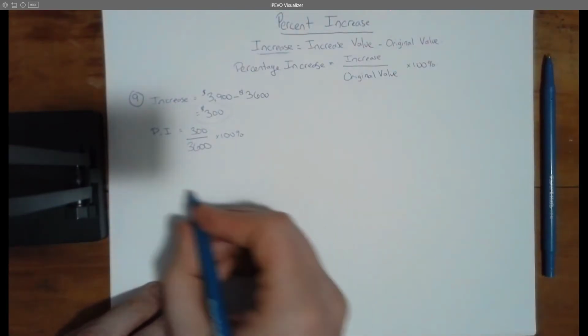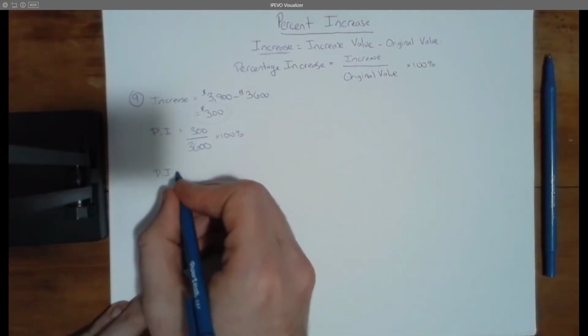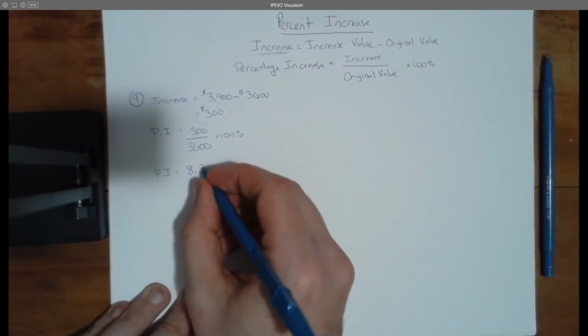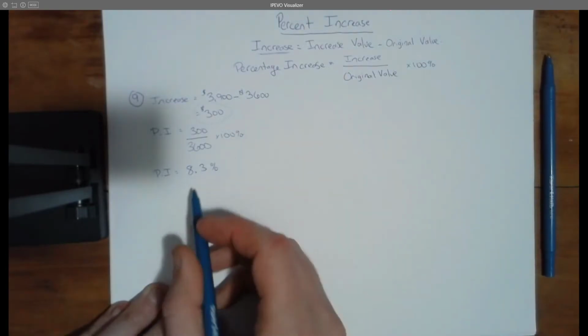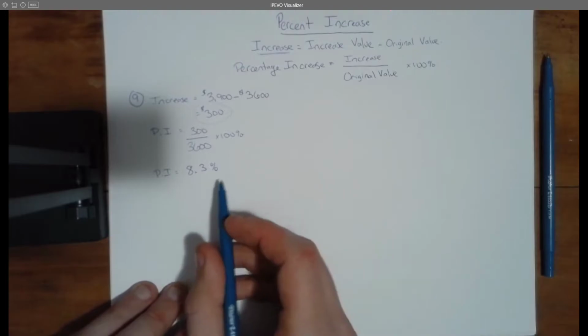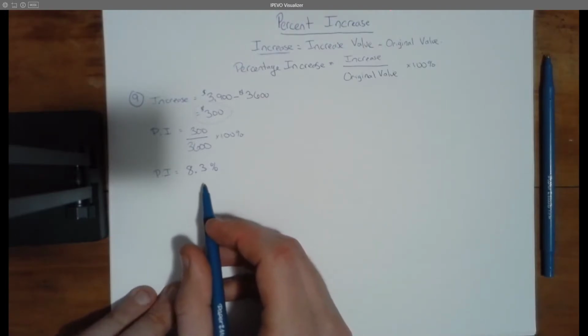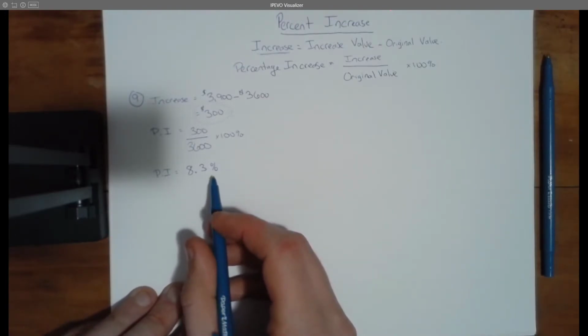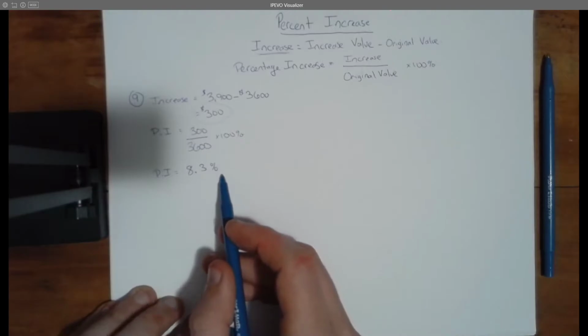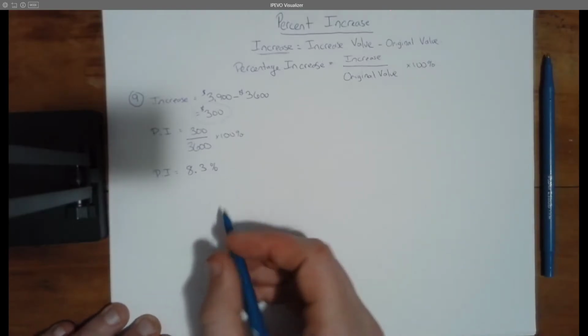We're going to have to do some rounding here, but that gives us a percentage increase of about 8.3%. Now that 3 continues on and on if you were to actually divide these, but we'll round that off and say it's about 8.3%. So what that means is David's monthly salary increased by 8.3%.